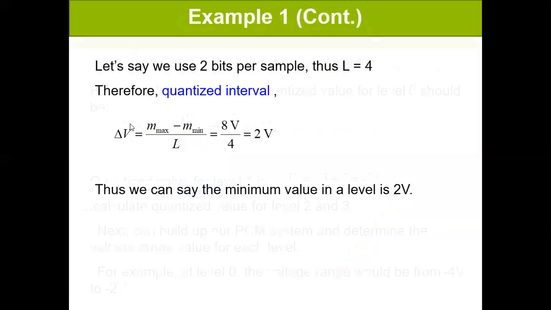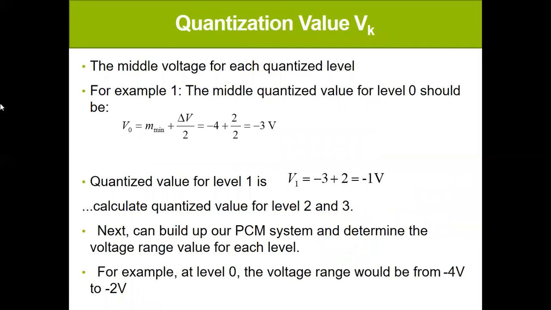That we can find out. So the first level is 0. For level 0, from where will it start? Let us see V0, voltage level 0. V0 means V minimum plus resolution divided by 2, or quantization interval divided by 2.